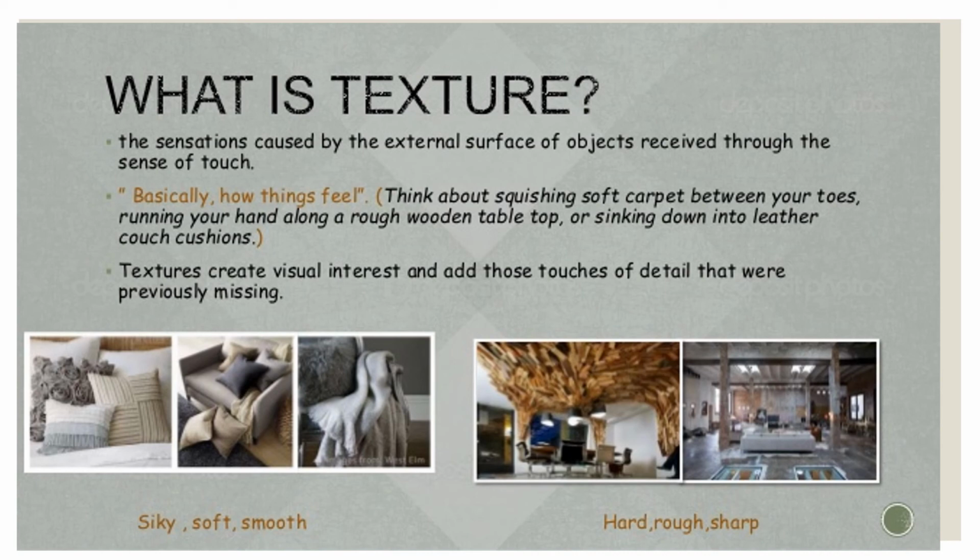Think about squeezing soft carpet between your toes, running your hand along a rough wooden tabletop, or sinking down into leather couch cushions. If you touch a petal of a flower, you will feel it soft, but if you touch the bark of a tree, you will feel it rough. So this is texture, how things feel.